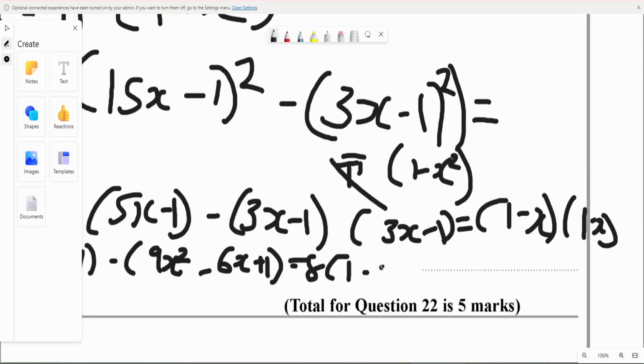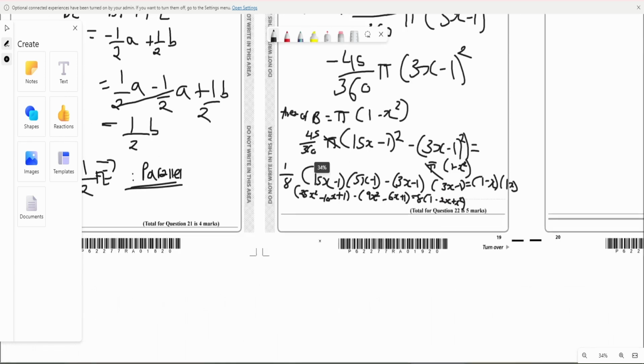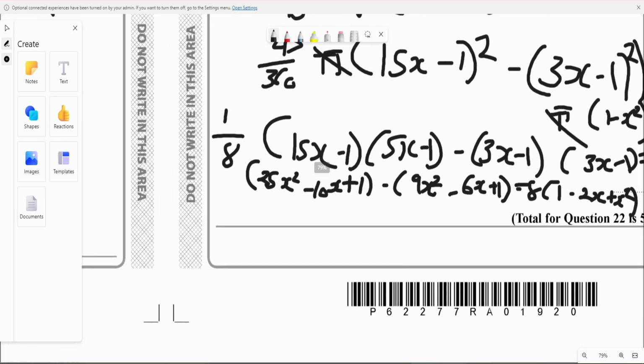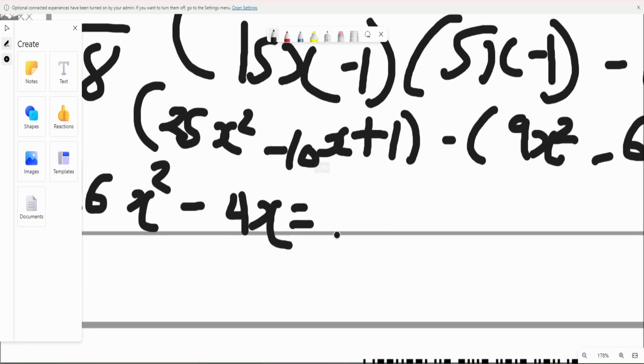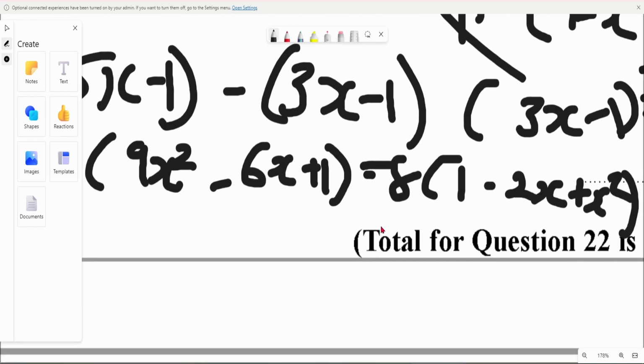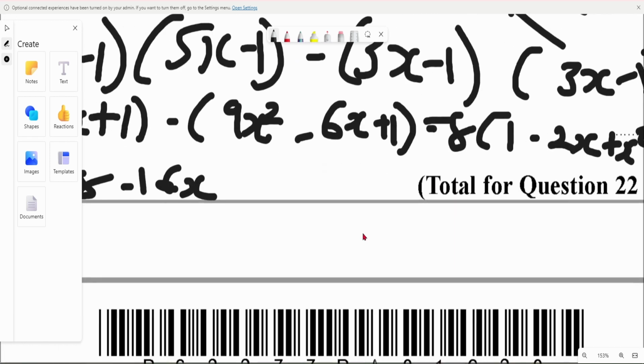2x plus x squared. We're going to need a lot of space for this one. So, the common terms give us 16x squared minus 4x equals 8 minus 16x plus 8x squared.